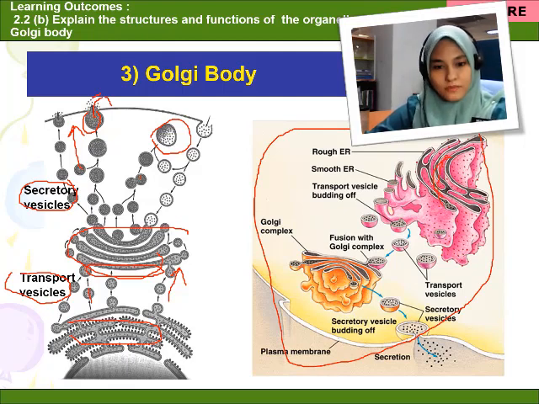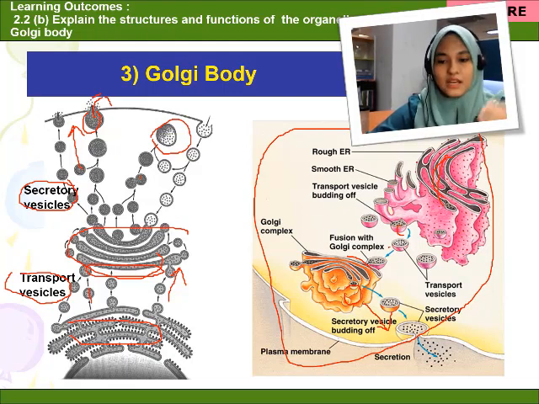It forms transport vesicles, which fuse to the cis phase of the Golgi body, where the Golgi will do the five processes, and then be pinched off from the trans phase, and will either fuse with the plasma membrane and release its substances outside, or stay in the cell and form lysosome.